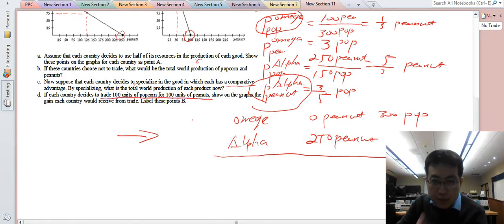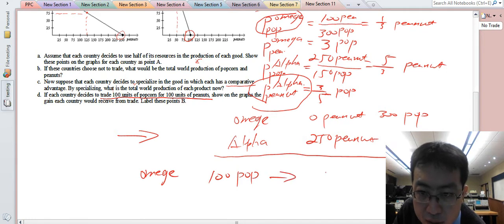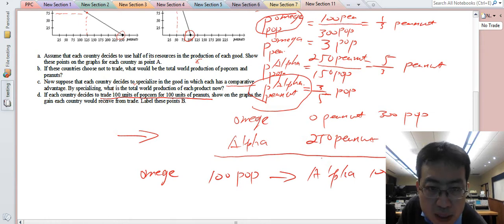So that means omega will send 100 units of popcorn to alpha for 100 units of peanuts. So once you complete this trade, what's left over in omega?